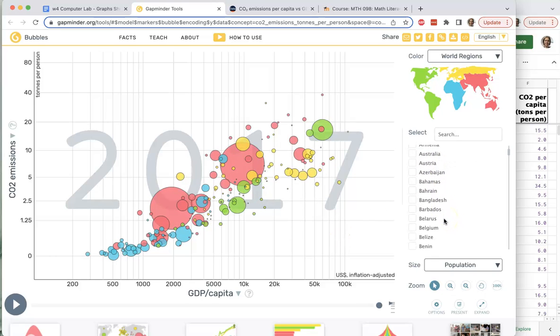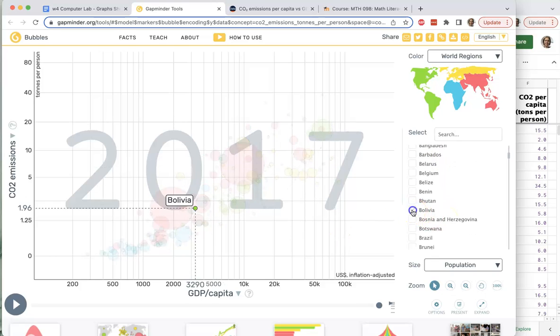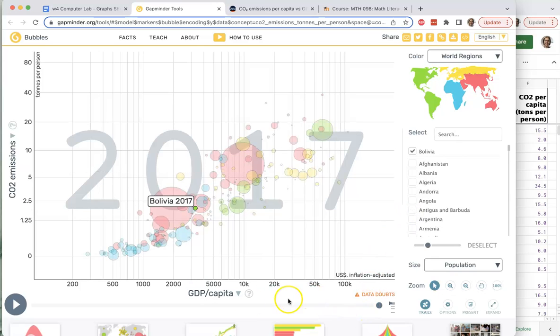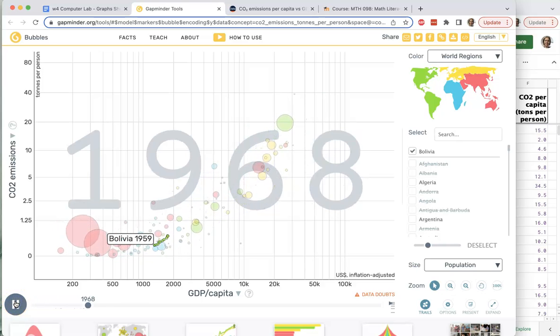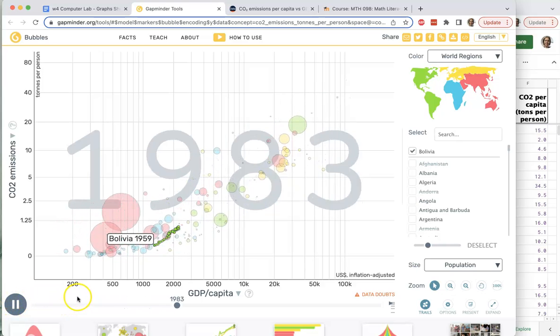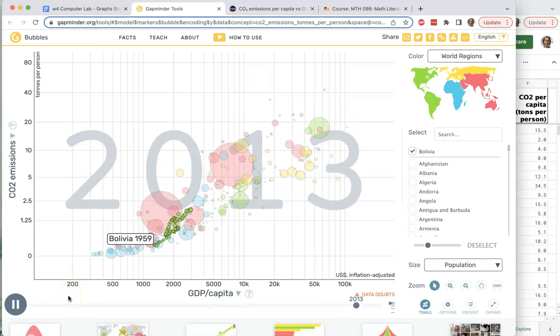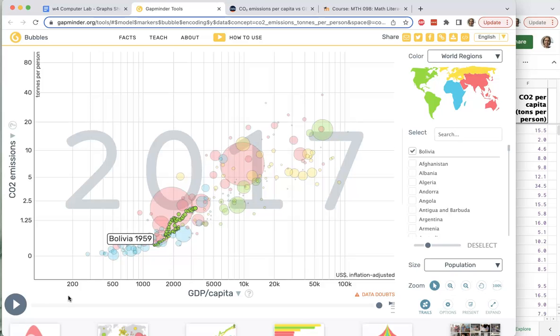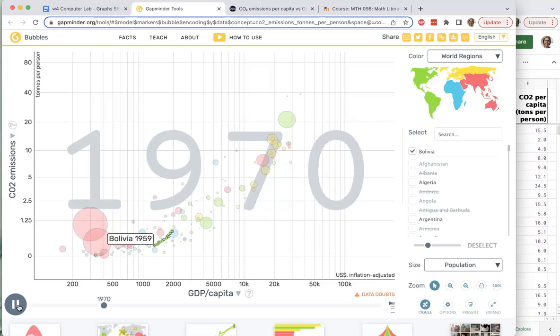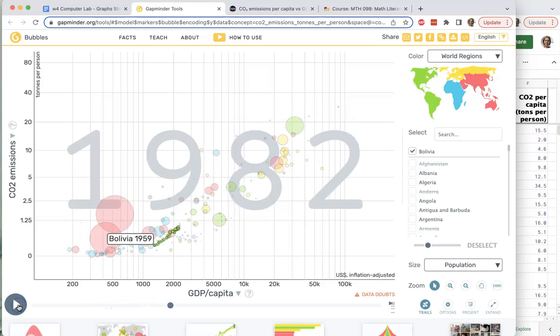I also wanted to show you that you can click on a country. So let's choose Bolivia. And Bolivia is in South America, so that's why it's colored as a green dot. And then you can press play and watch Bolivia changing over time. I'm going to just pause right there.